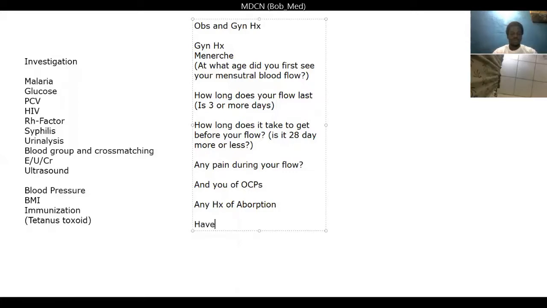Have you done pap smear before now? You want to explain what pap smear means to the patient. Some patients might not understand, so make it simpler: have they examined you and taken something out just to examine for cancer, any cancer screening before? Do you understand, doctor?